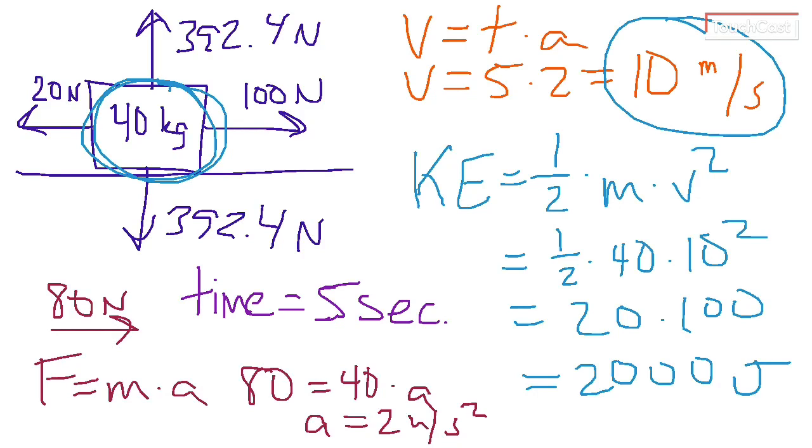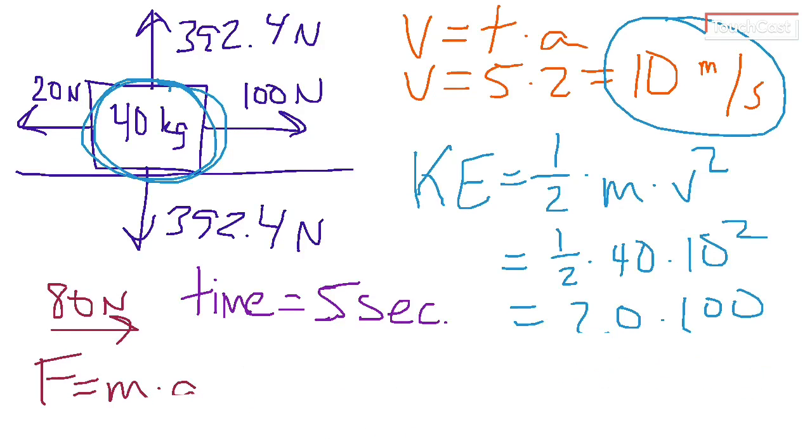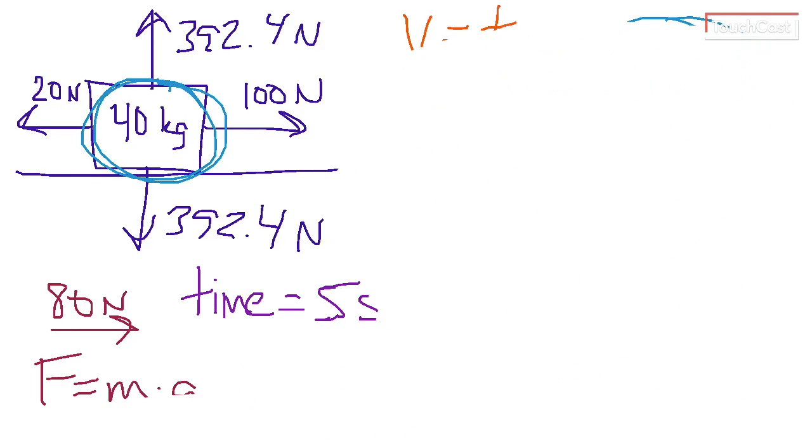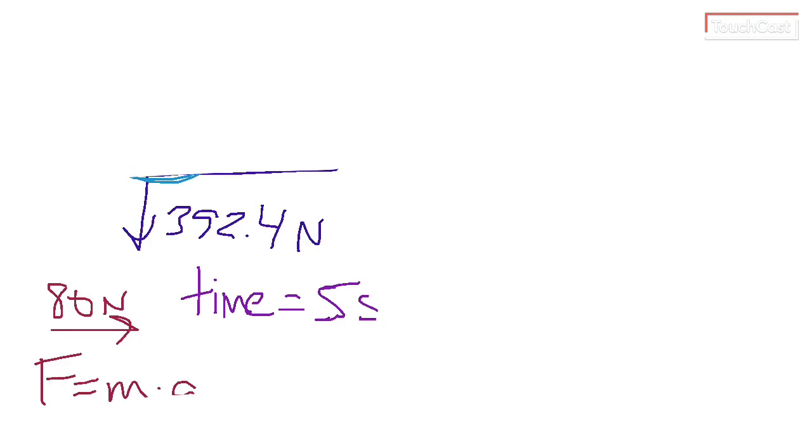So you can relatively simply, at least in this scenario, go from a net force diagram to kinetic energy. With that in mind, we can actually solve for something in the other direction.